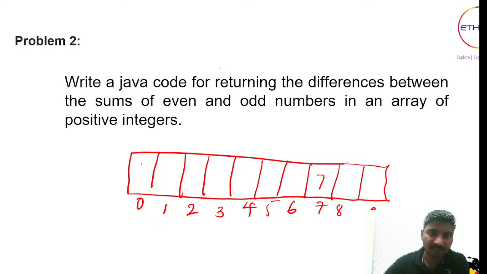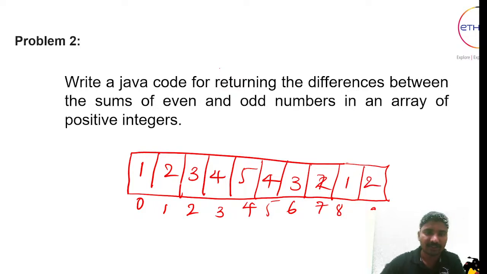Let me fill these elements with 1, 2, 3, 4, 5, 4, 3, 2, 1 and 2. Okay, so these are the elements I have.